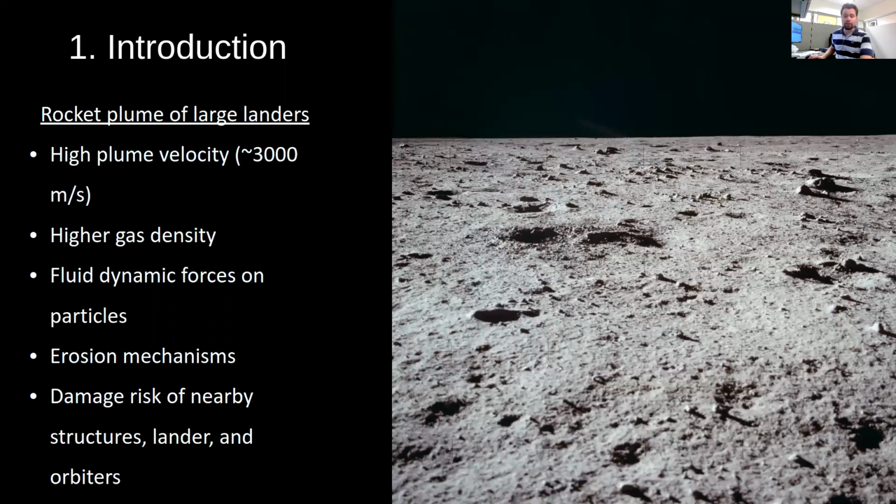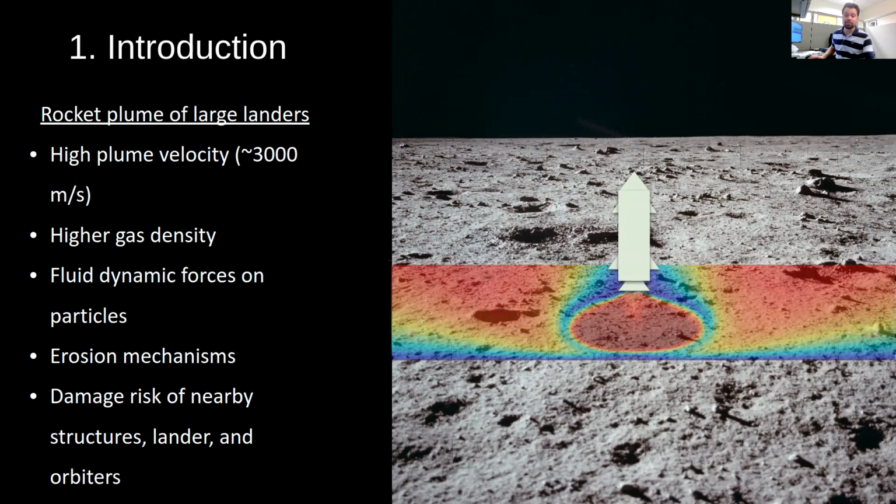In comparison with previous lunar lander sizes, usually around 15,000 kilograms, larger landers will have a higher velocity and denser rocket plume, with direct influence on dynamic forces on particles, which will affect the erosion mechanisms. The higher energetic flow increases the potential of damaging nearby structures and the lander during its descent.